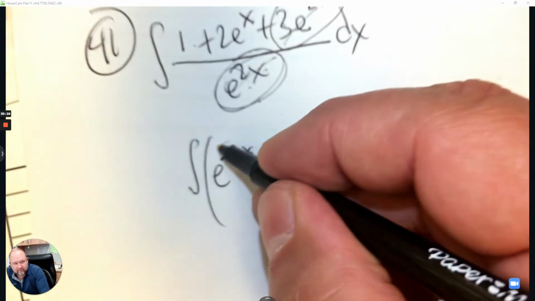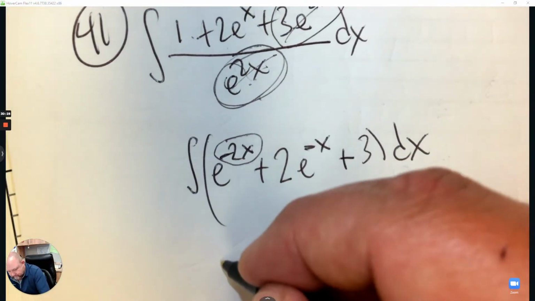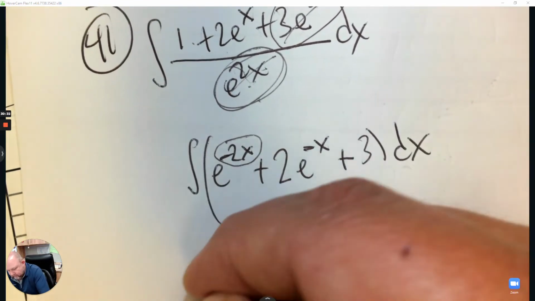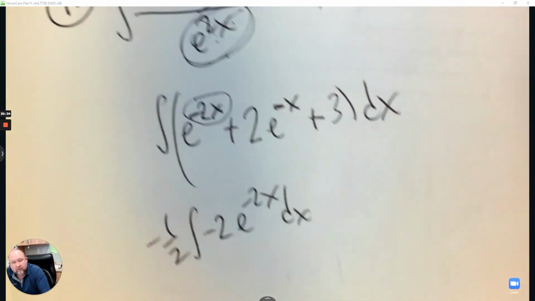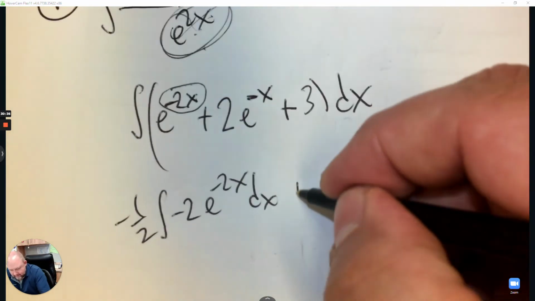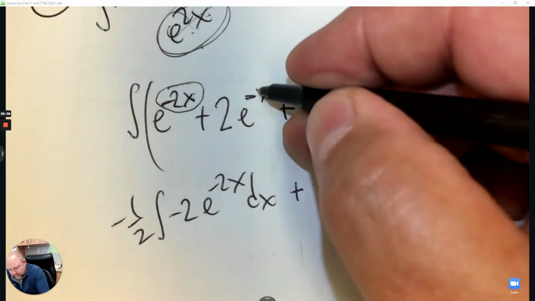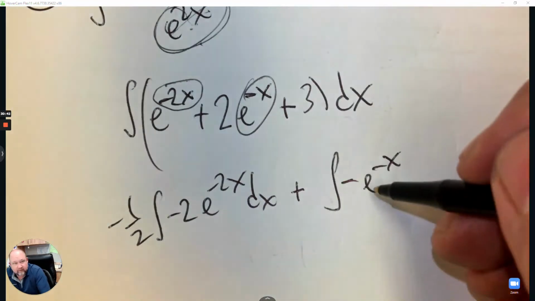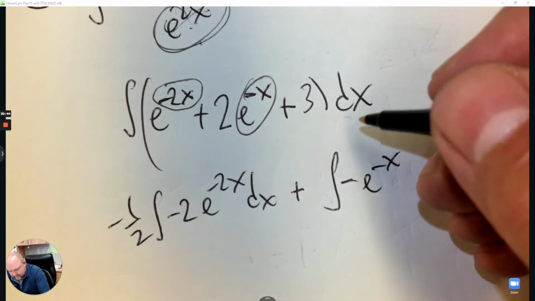So the hook comes from here. I need a negative 2, so I need a negative a half. I'm just going to look at each one separately. E to the negative x needs a negative 1. There's a 2 there, so it becomes negative 2.